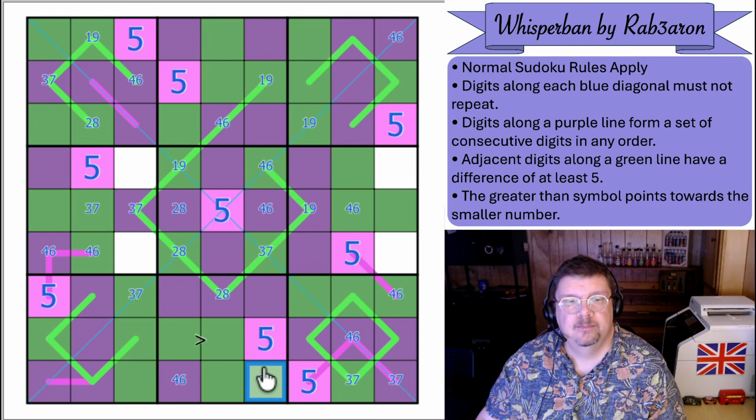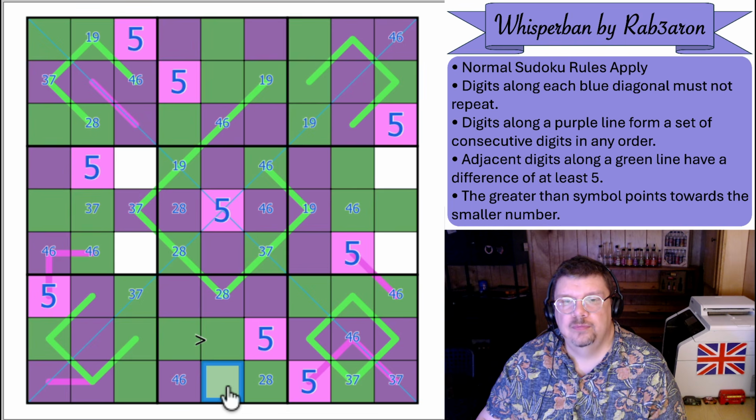That's from this column. That's 1, 9 or 4, 6.